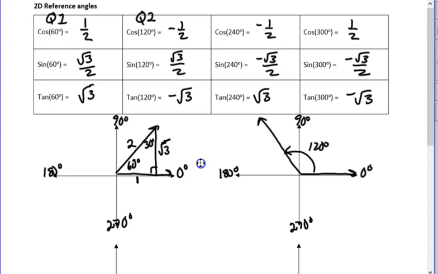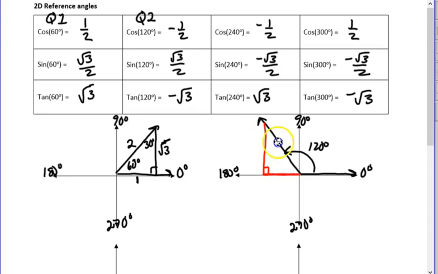Now, looking at that angle, how do I find trig values? Because 120 degrees is too big to fit in a right triangle. But can you see some place associated with this angle where I could draw a right triangle? Maybe you notice that I could drop a perpendicular line down from the side of the angle into quadrant 2, like this.